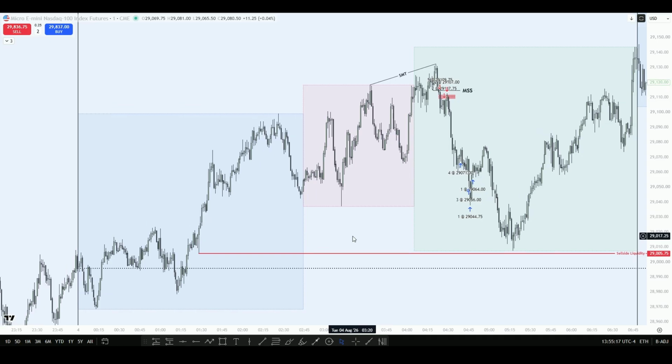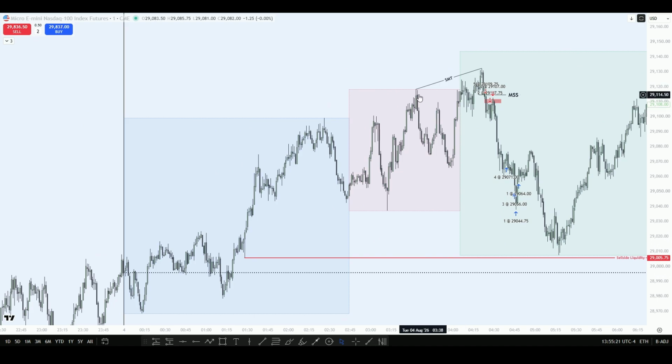All right, so let me show you why this specific market structure shift here was not the real move. Just faded here, gave up the ghost, and went to take this liquidity one more time.